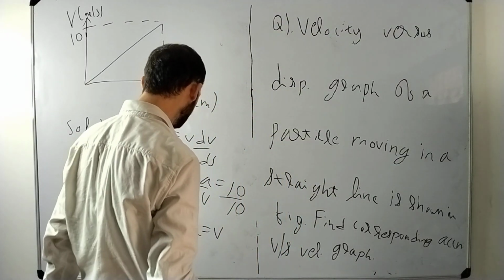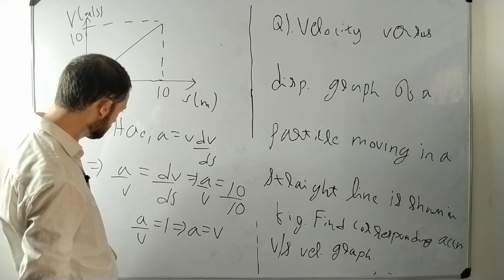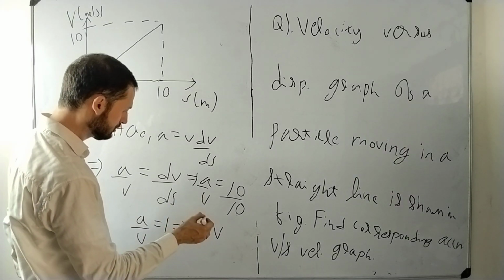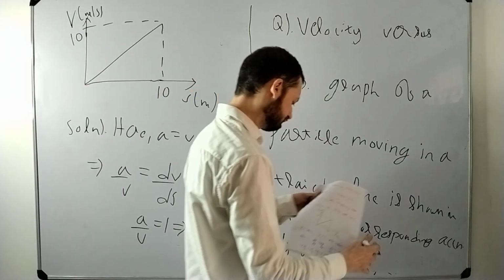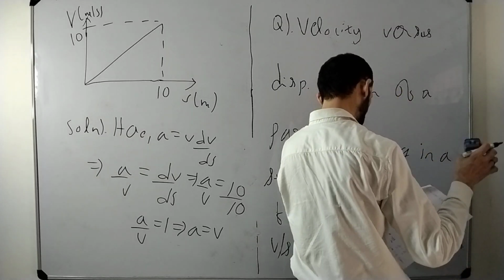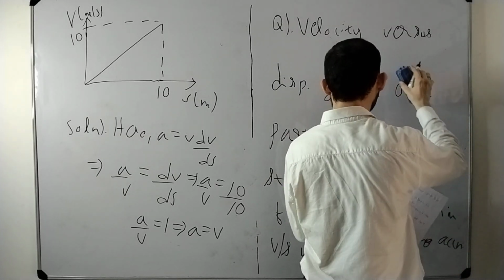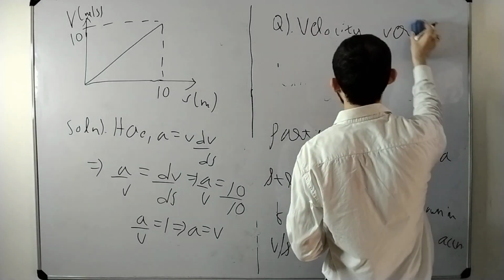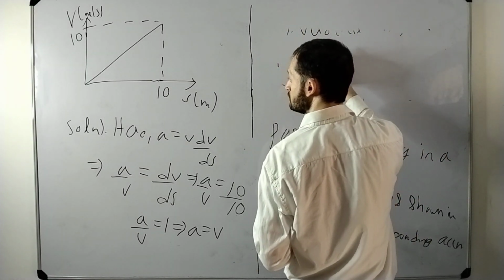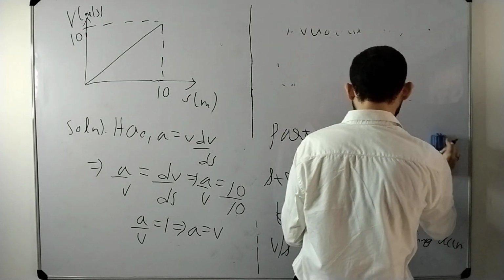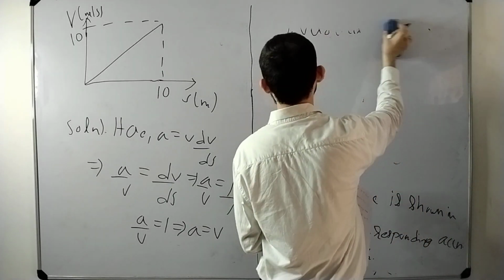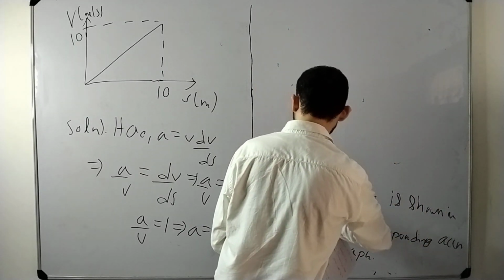Sir, you have written something wrong here. No, that is A upon V. This is the thing, acceleration is becoming velocity.